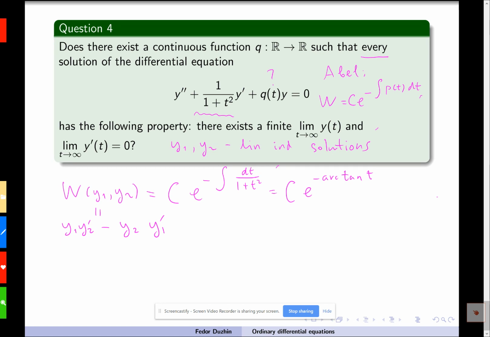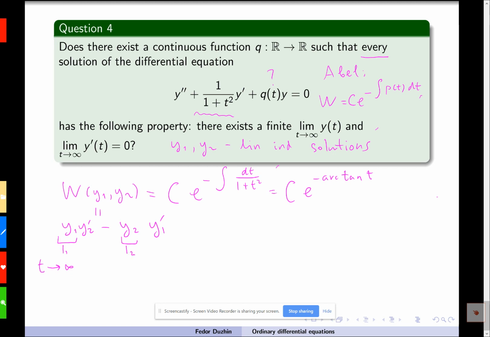Since we are talking about limits as t goes to infinity, let us take the limit of this as t goes to infinity. The limit of y1 is some finite number, say L1. The limit of y2 as t goes to infinity is some finite number, say L2.